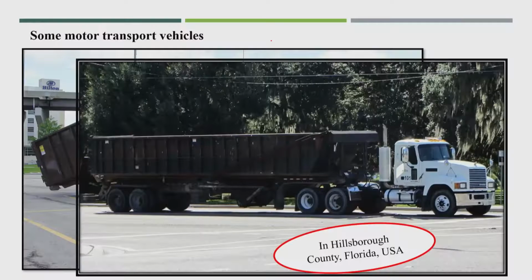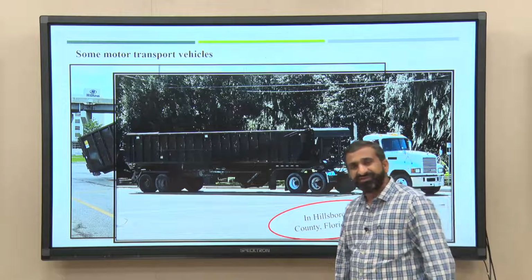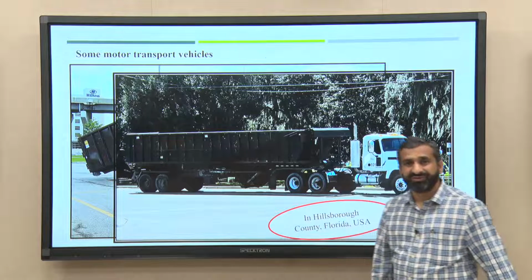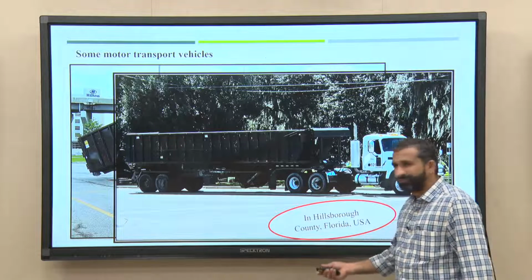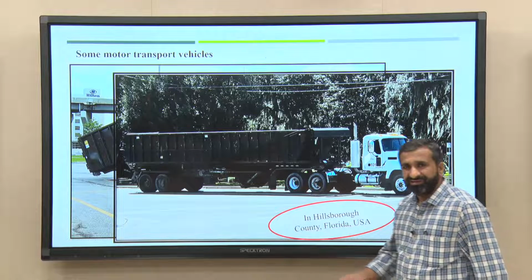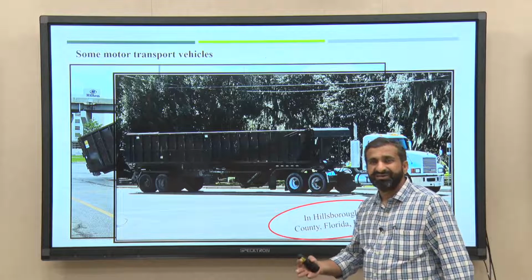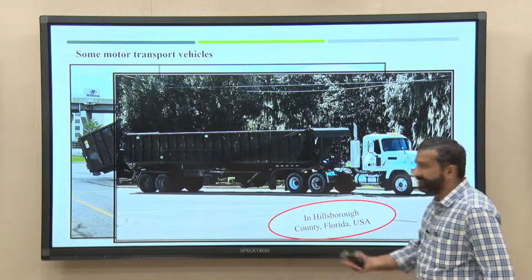Here is another vehicle. I do not think we can find this in India. Such a vehicle, in a photo from the USA, is used where the landfill site or recycling facility is very far, sometimes 100 or 200 kilometers, and most of these vehicles travel by the major highways.